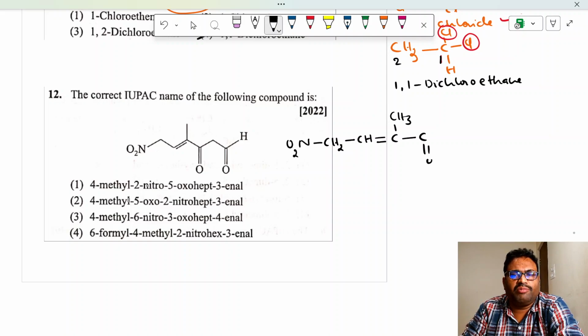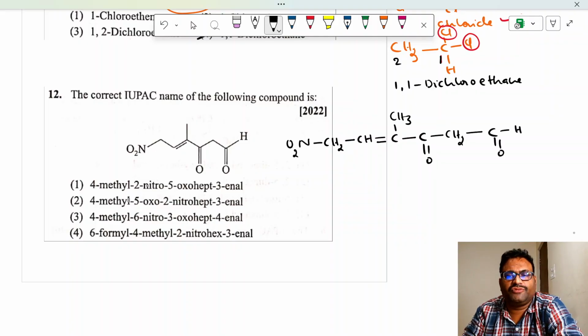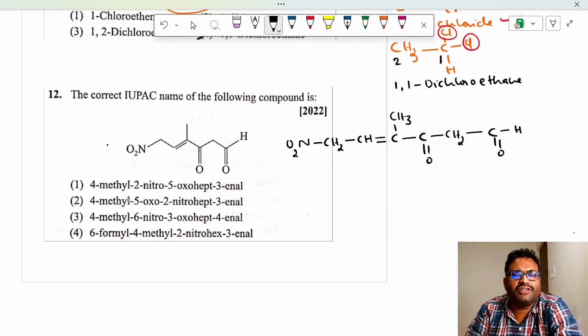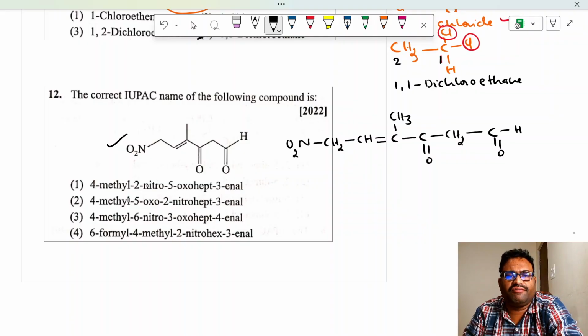C, double bond O, CH2, okay, C, double bond O, H. So this is the detailed structural formula for the given bond line structure. This is the bond line structure. This is the detailed structural formula.